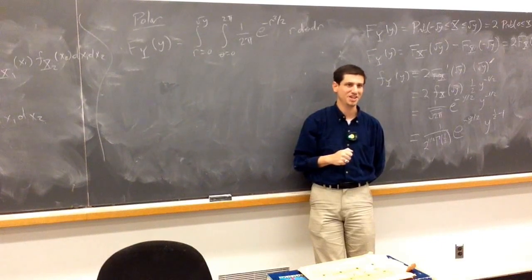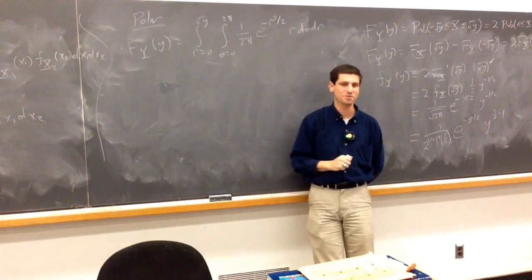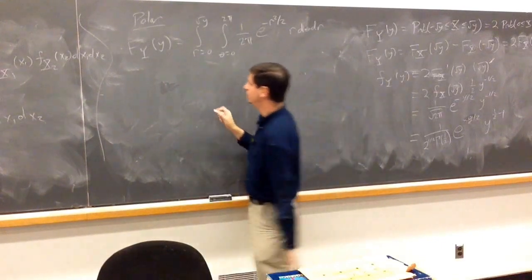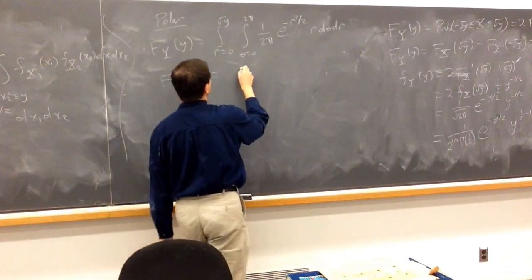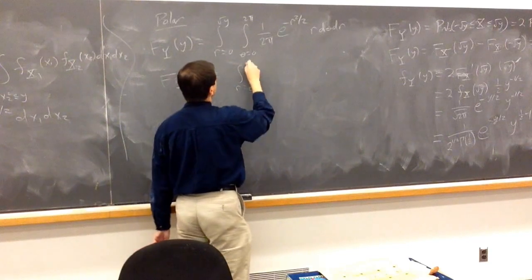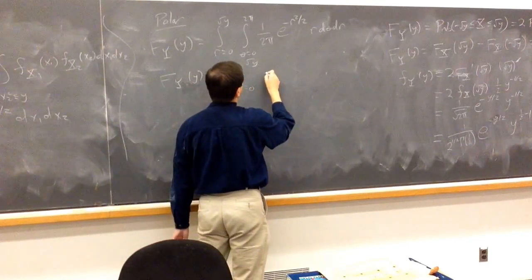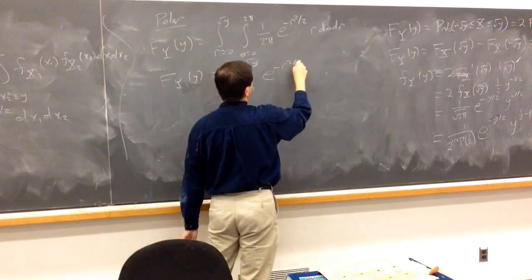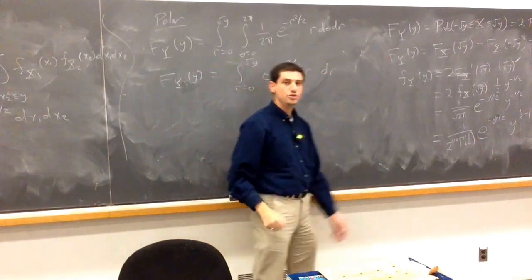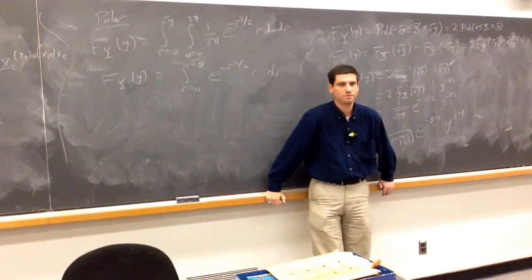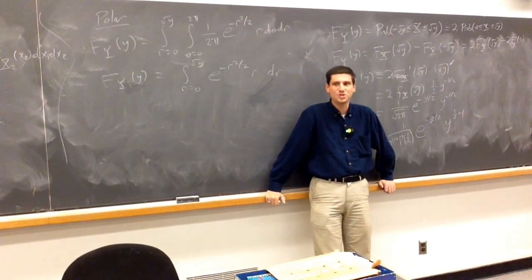Yeah, theta integration is pretty nice. And it's going to cancel the 2 pi perfectly. And now we're left with f_Y of y is the integral r goes from 0 to square root of y e to the negative r squared over 2 r dr. Can you do this integral? Should we do this integral?